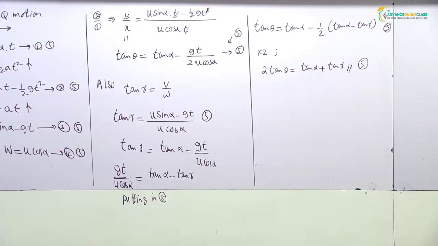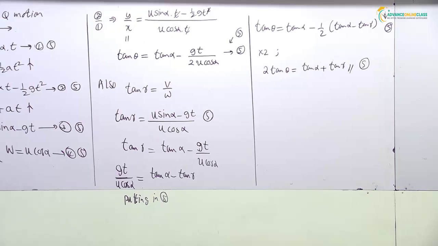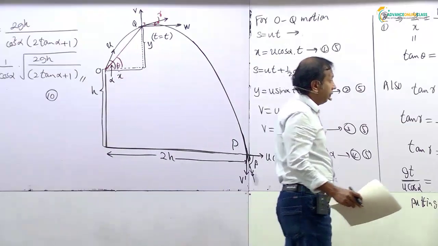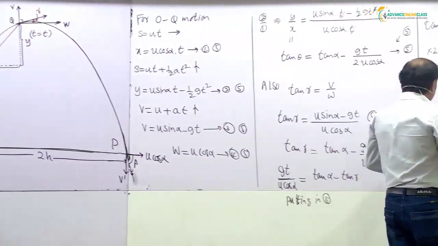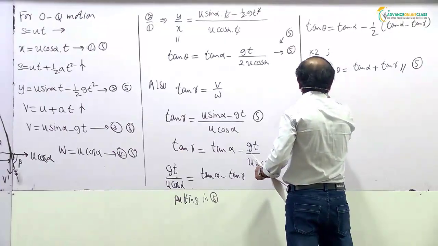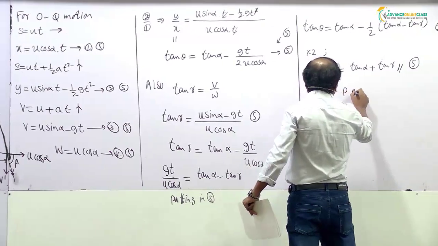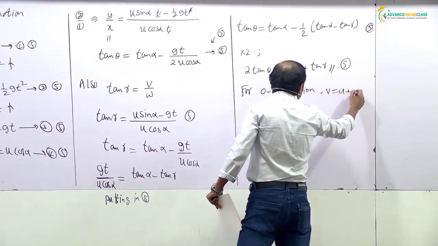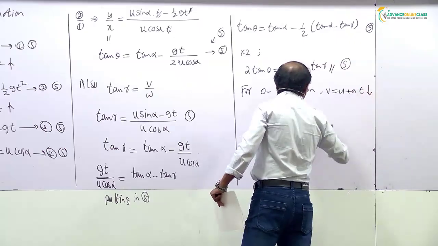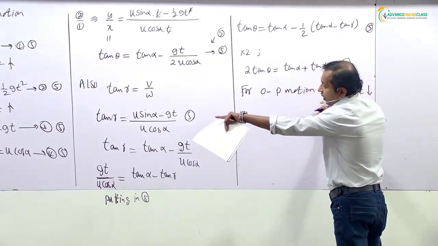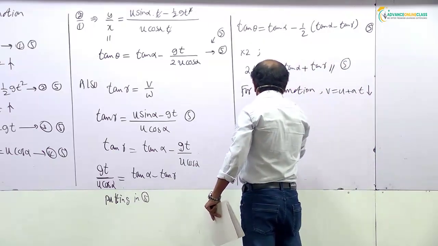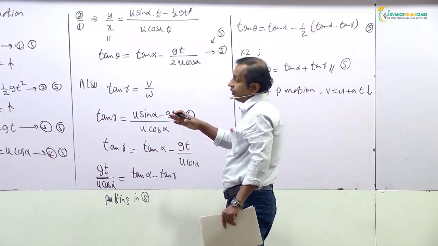Okay, now to get the next answer, for this OP motion, we apply V equals U plus AT downward. V means final velocity. When the particle comes to the ground at P, it's V dash. U means initial velocity.